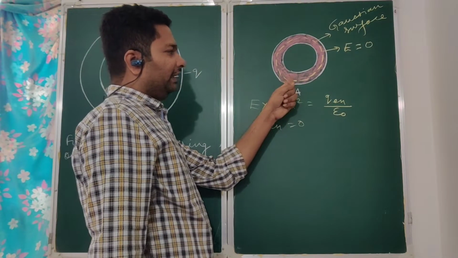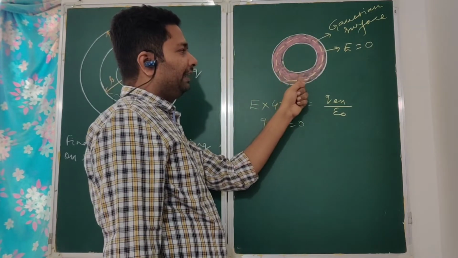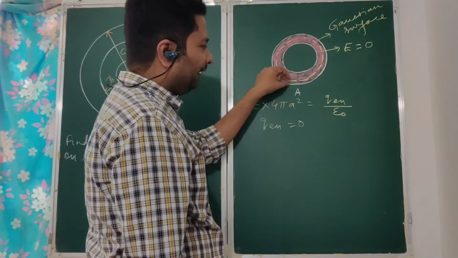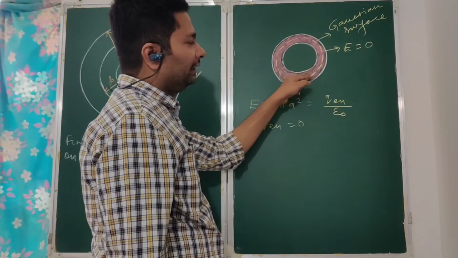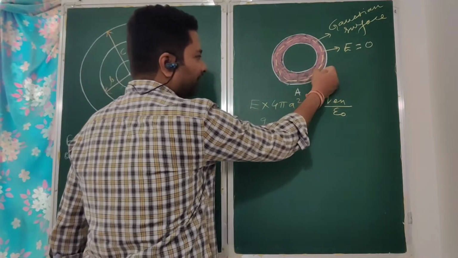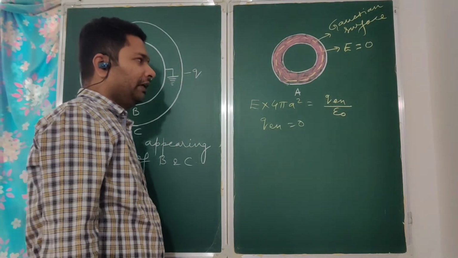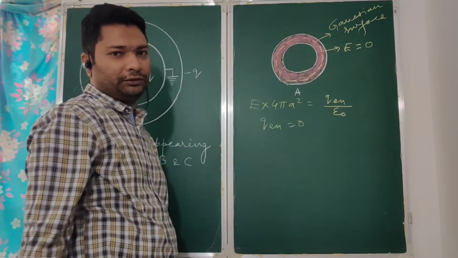This yellow Gaussian surface which you are seeing here, we have taken to be just inside the outer surface. But for clarity, I have drawn it somewhere in the middle so that you can see it clearly. Remember, this is just next to the outer surface of this sphere. So what is the net charge enclosed by this imaginary Gaussian surface? It is 0.